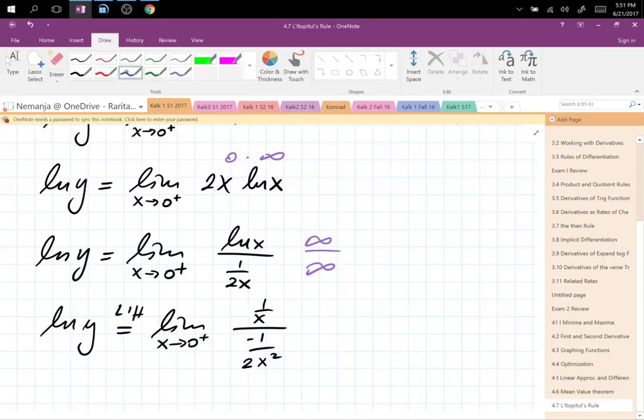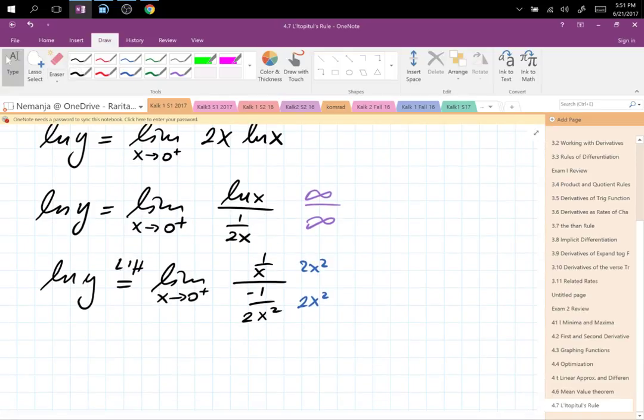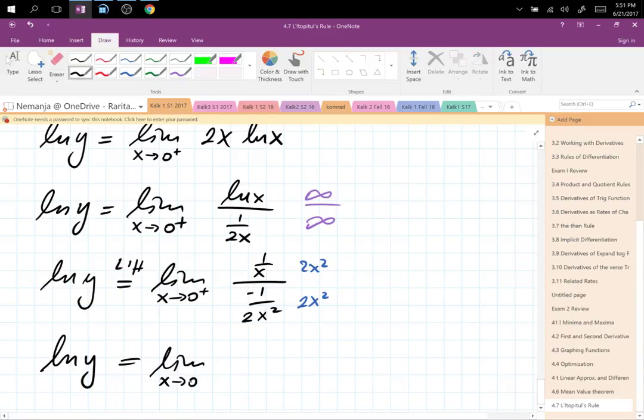Multiply by 2x squared, and we have ln y is equal to, we don't need L'Hopital now. We already did the derivative. We're just simplifying. We have 2x, negative 2x.